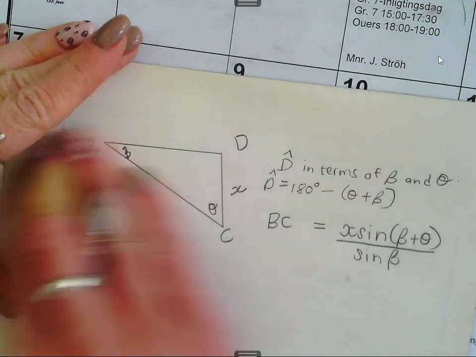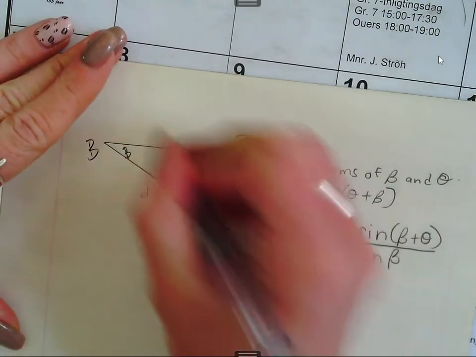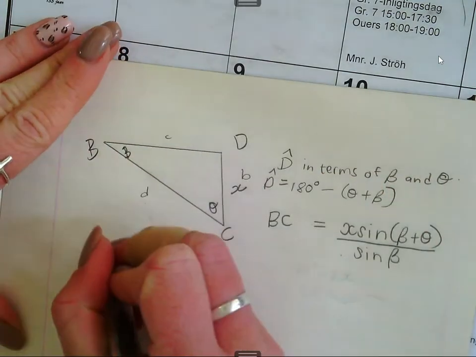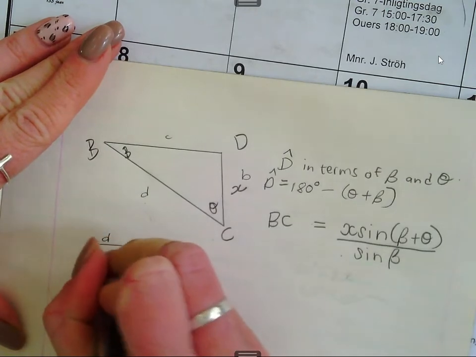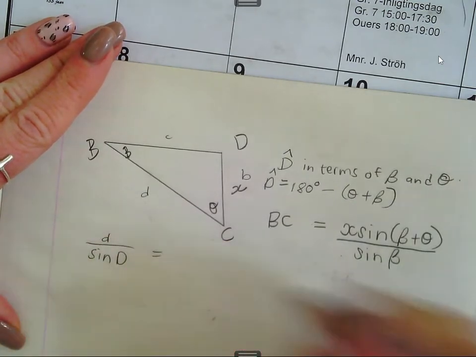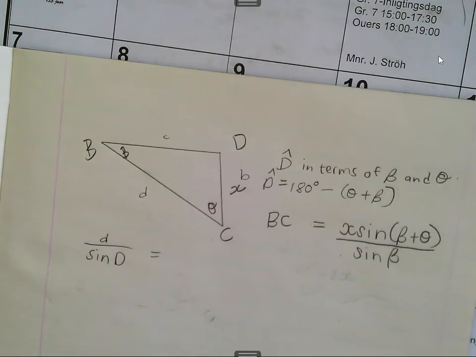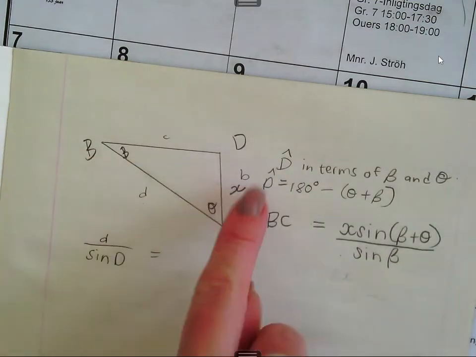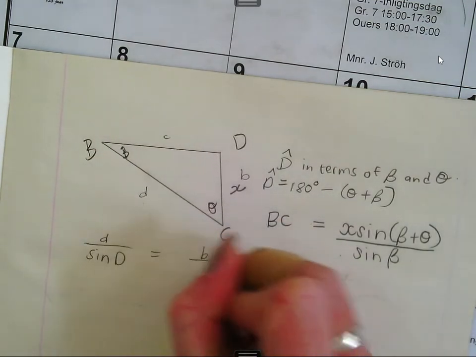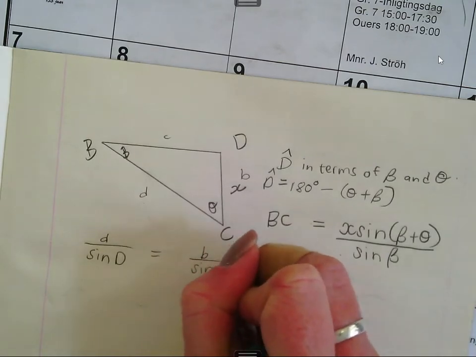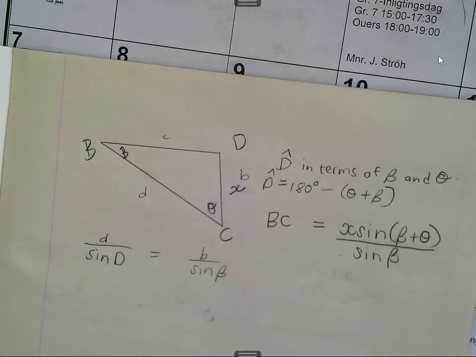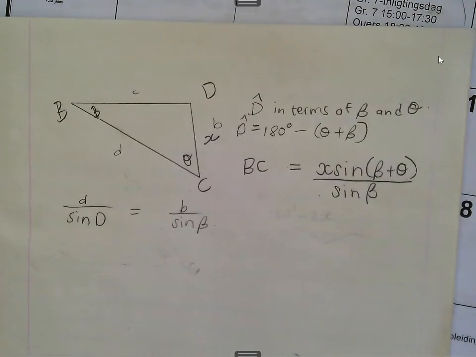So, let's pretend I had values here. What I would do is I would say d over sin D is equal to, then I need to look for a full ratio, no? So it's b over sin B. Now normally what I would do is I would now substitute the values.